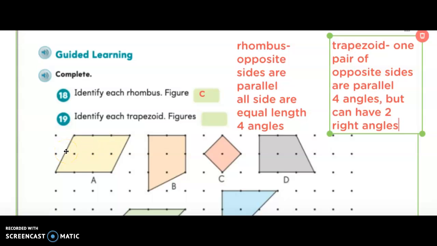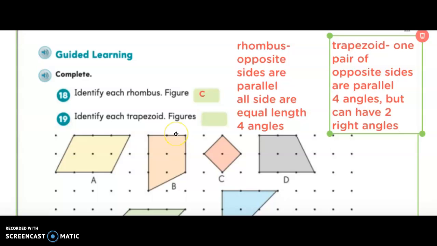A has two sets of parallel lines and four angles, but it also has all equal sides. This does not work because we have two sets of parallel lines. We only need one.